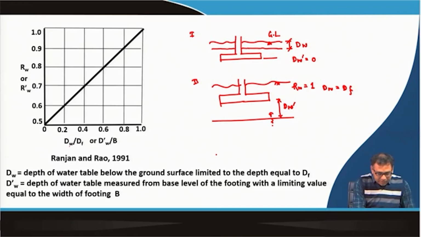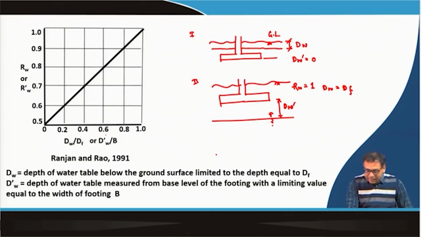Now here Dw by Df and Dw dash by B are given. Rw corresponds to Dw by Df, and Rw dash corresponds to Dw dash by B. This way we can calculate the correction factors Rw and Rw dash. These two values are determined based on the position of the water table.